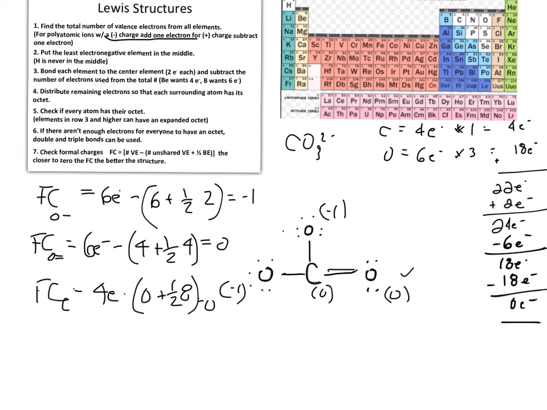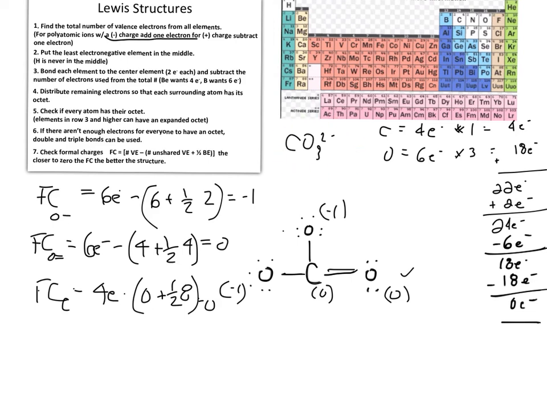Now remember, we're always going to try to have our formal charges be as low as possible. So we need to make sure that we've accounted for all of our appropriate structures. We already did this by looking at whether everyone has their octet and if everybody is satisfied. Now we need to make sure that the overall summation of our formal charges for each individual atom gives us the charge of our overall molecule.